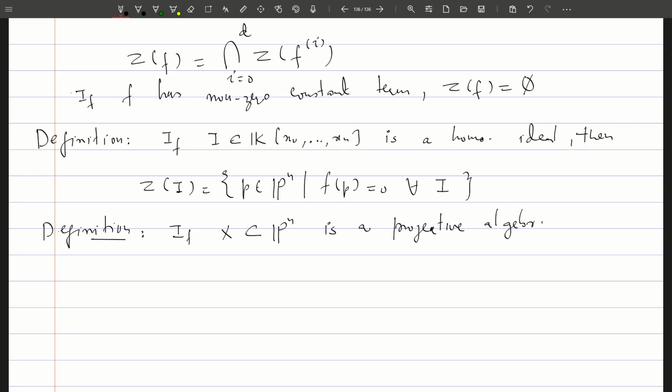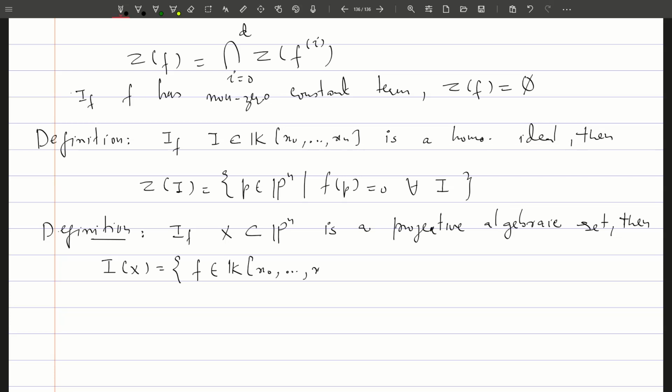By projective algebraic set, we mean it is the zero set of some set of polynomials. So for an algebraic set X, we can write I of X to be the set of all polynomials. So we have dropped here the homogeneous polynomials.